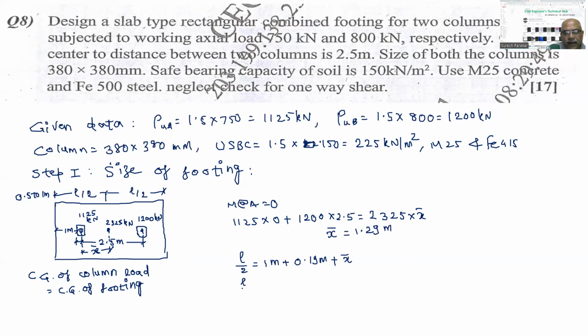So L by 2 is equal to 1 plus 0.19 plus 1.29, which is 2.48 meter.